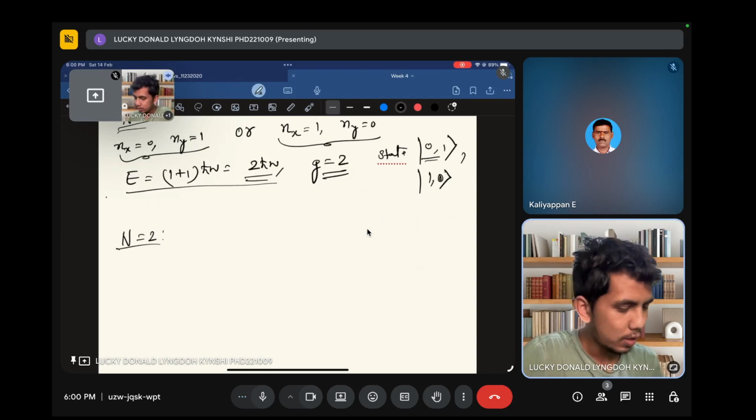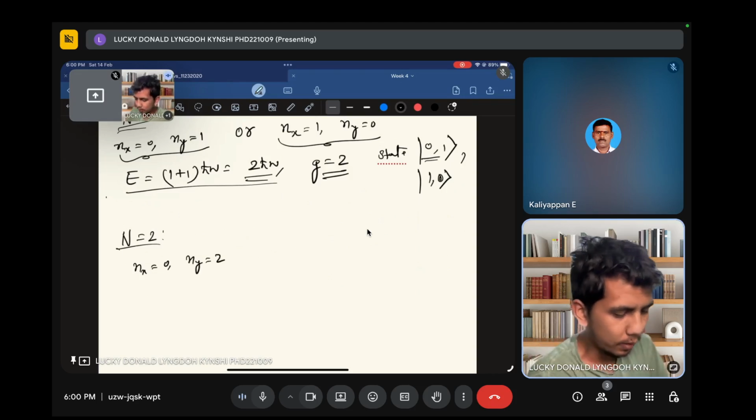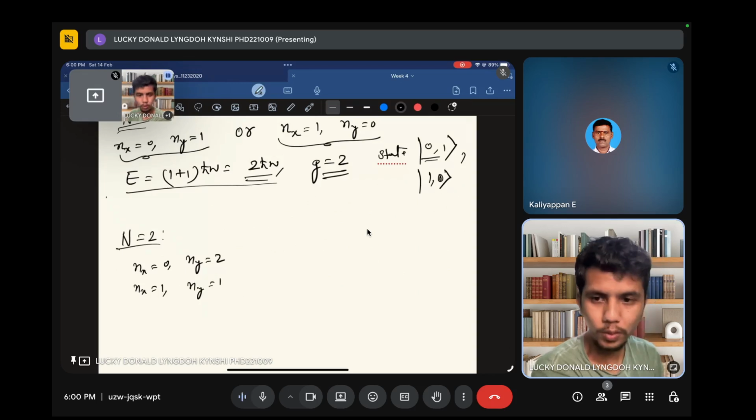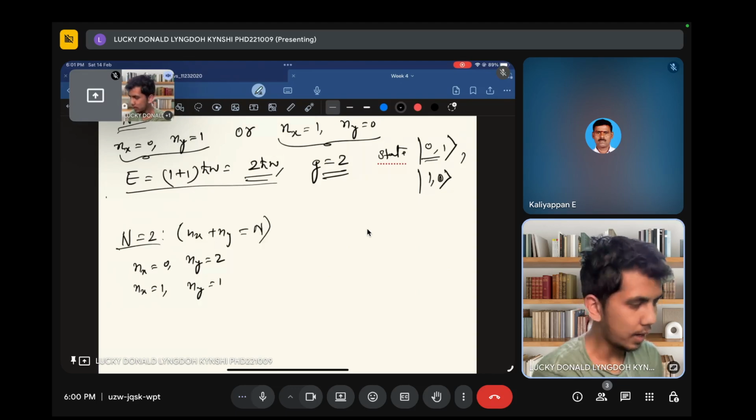That means the possibilities are nx equal to 0, ny equal to 2. Second is nx equal to 1 and ny also equal to 1. There is also the possibility because n is equal to nx plus ny, correct? And the last is nx equal to 2, ny equal to 0.